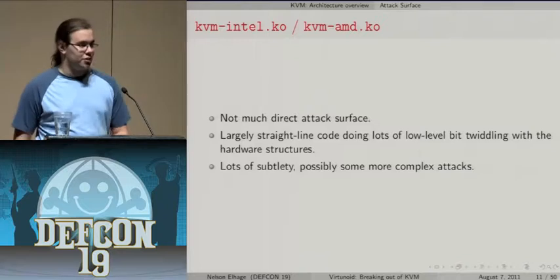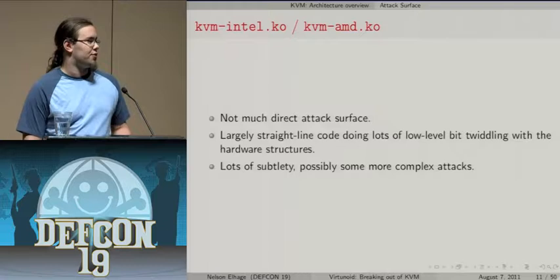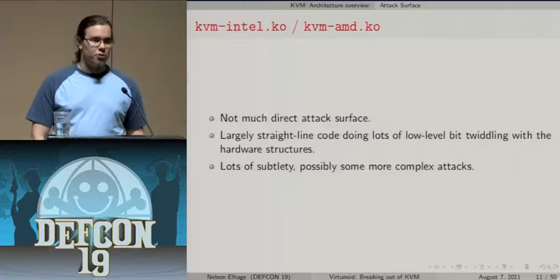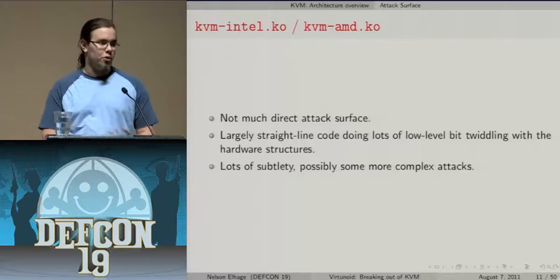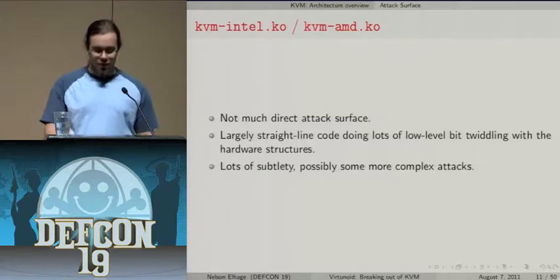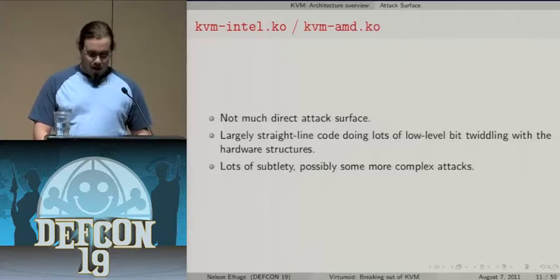But there's a lot of subtlety and complexity in interacting with these hardware components. And so there's potentially scope for some interesting bugs where KVM is using the hardware support slightly incorrectly or in an unusual way that allows for interesting attacks. But it's not the first place I'd look.